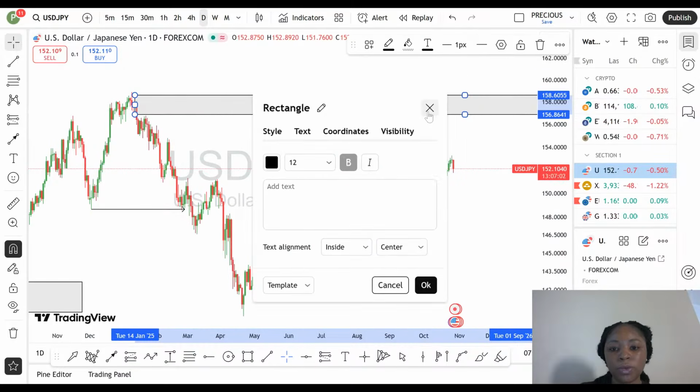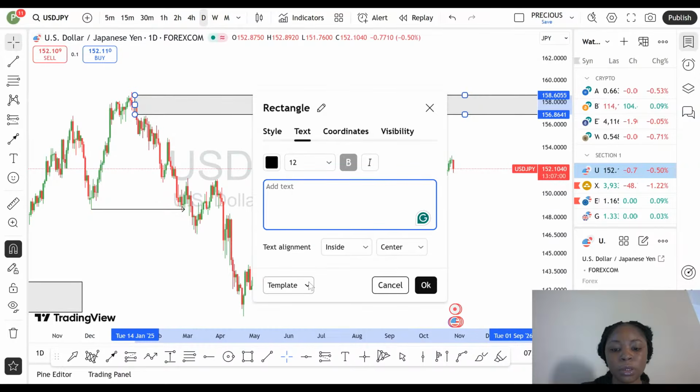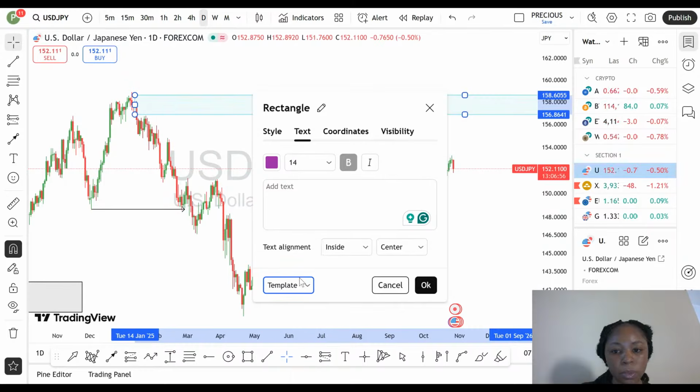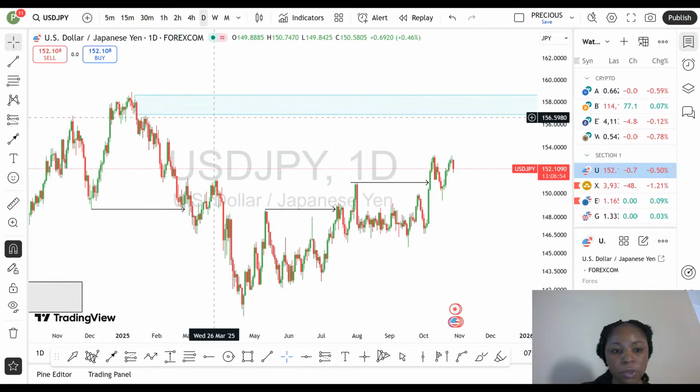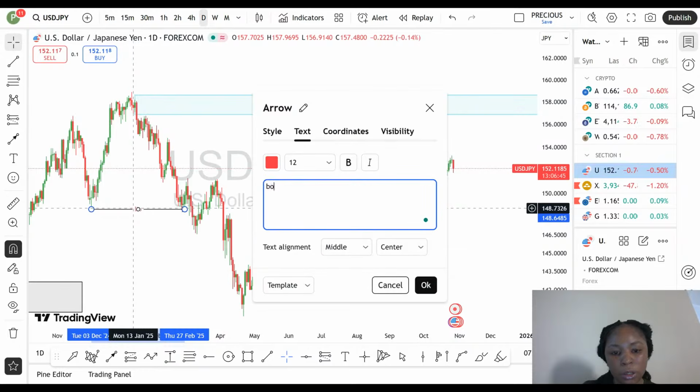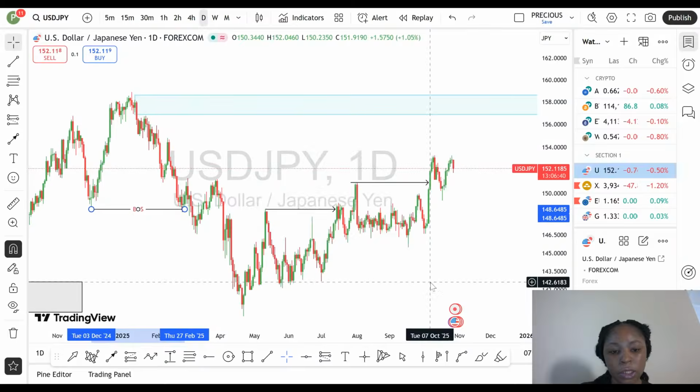The reason why you keep seeing plenty of colors is I just like to mark it and know that this one represents my daily time frame point of interest. This is my daily time frame order block, and this is my break of structure to the downside.